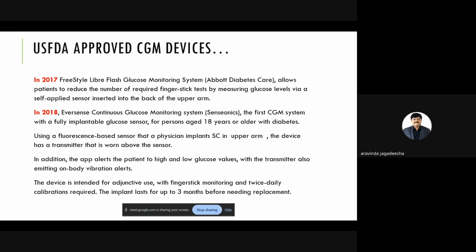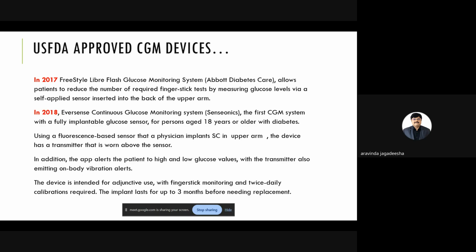In 2018, the Eversense continuous glucose monitoring system was approved, the first CGM system with a fully implanted glucose sensor for persons aged 18 years or older with diabetes. Using a fluorescence-based sensor that physicians implant subcutaneously in the upper arm, the device has a transmitter that is worn above the sensor.